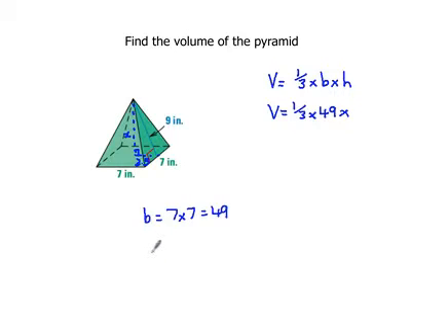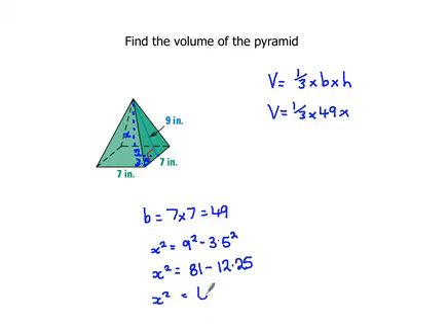So we're going to have our vertical height, which is one of the shorter sides here. So we're going to be doing 9 squared, take away 3.5 squared, which will give us 81 take away 12.25, which is 68.75.